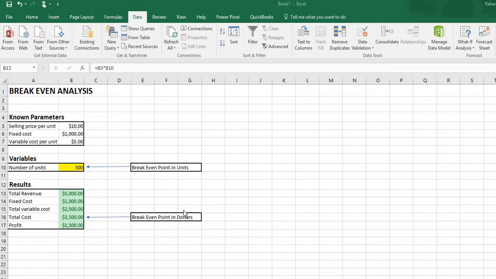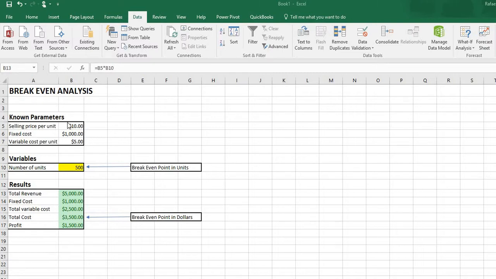And when you break even, that means that your total cost, which is your variable cost, whatever you pay per unit, plus your fixed cost, let's say you're paying rent, would be equal to your total revenue, which means that your profit will be equal to 0. And that's when you break even. Your profit is equal to 0, which means you're not losing money and you're not gaining any money. You just want to know when you will break even.